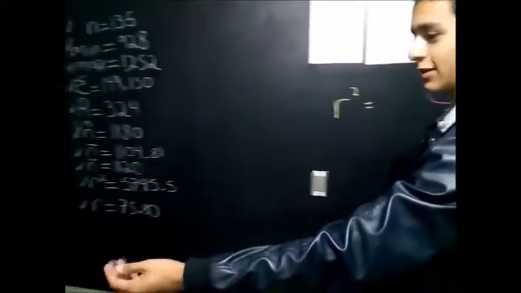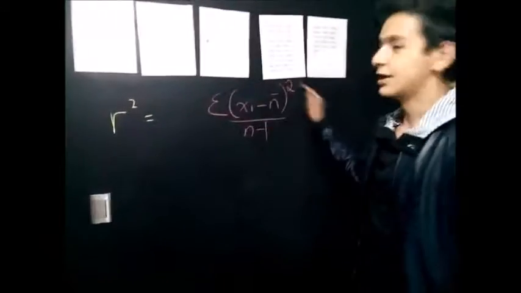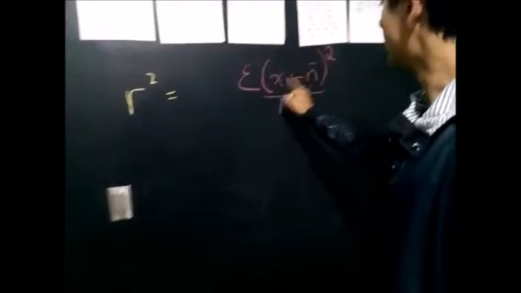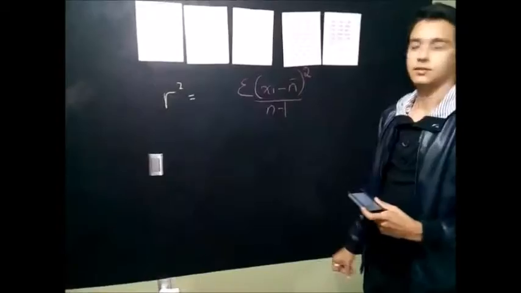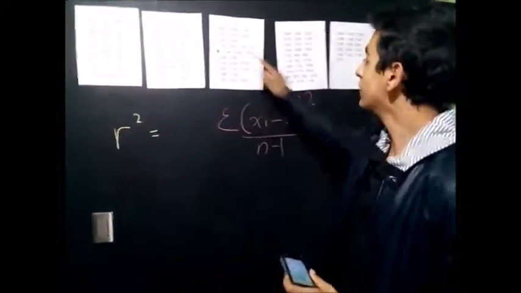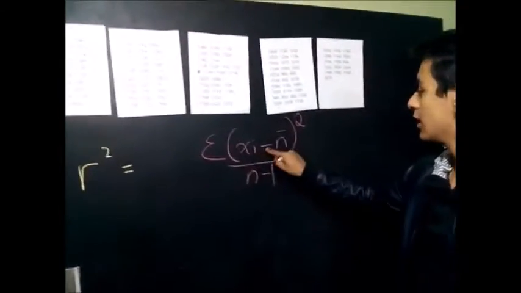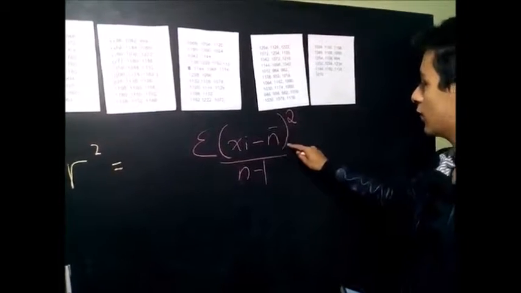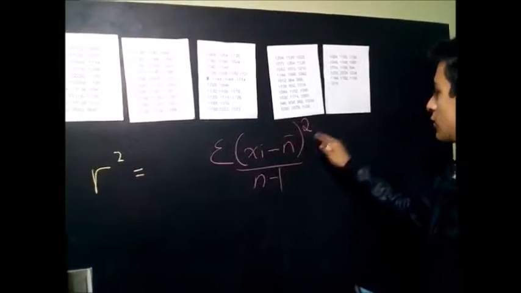During this operation, we have the summatory of all the values. As I was saying, we have to subtract the mean from all the values. Later, we have to square all these values.